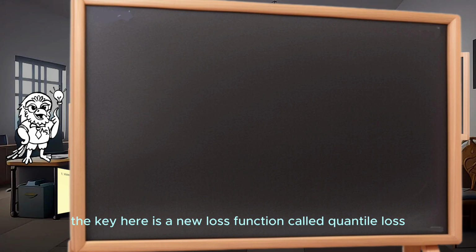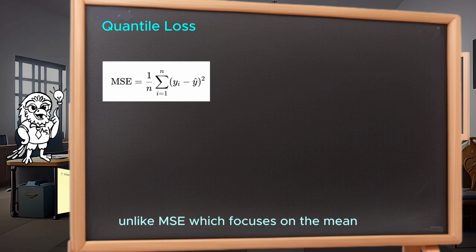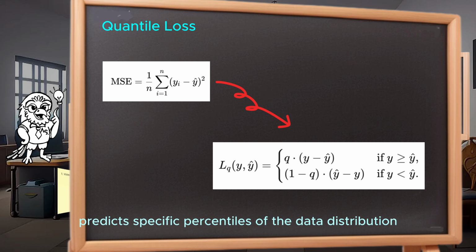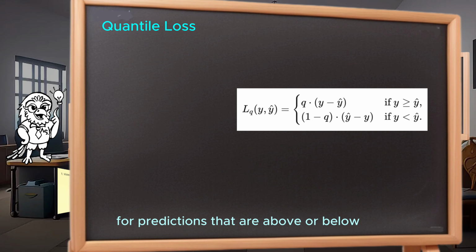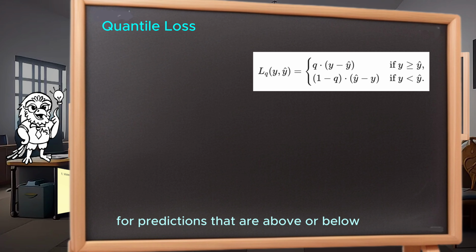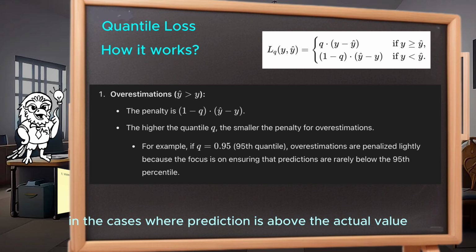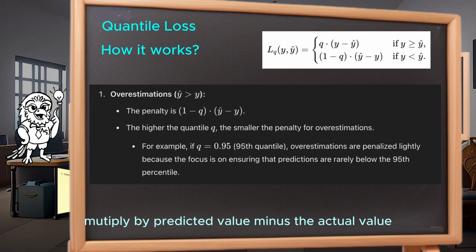The key here is a new loss function called quantile loss. Unlike MSE, which focuses on the mean, quantile loss predicts specific percentiles of the data distribution. Quantile loss applies asymmetric penalties for predictions that are above or below the actual values. In the cases where prediction is above the actual value, or overestimations, the penalty is 1 minus q multiplied by predicted value minus the actual value.